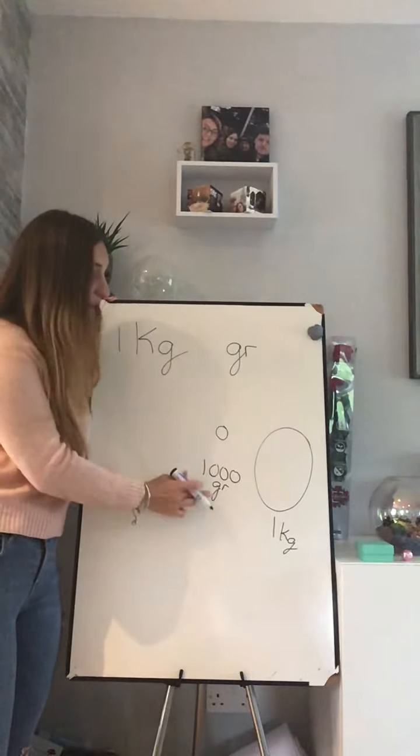Okay? And that's why we were seeing the other day that half of a kilo, if 1,000 is 1 kilo, some of you knew that 500 is the half. 500 grams will be the half of the kilogram. Okay? That's not really complicated, because we have the same with seconds, minutes, hours.